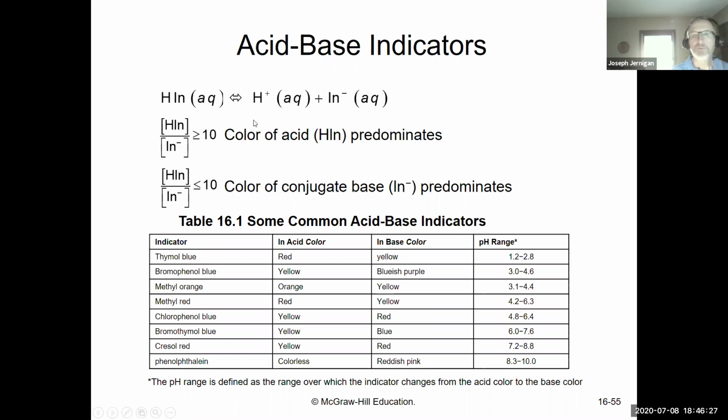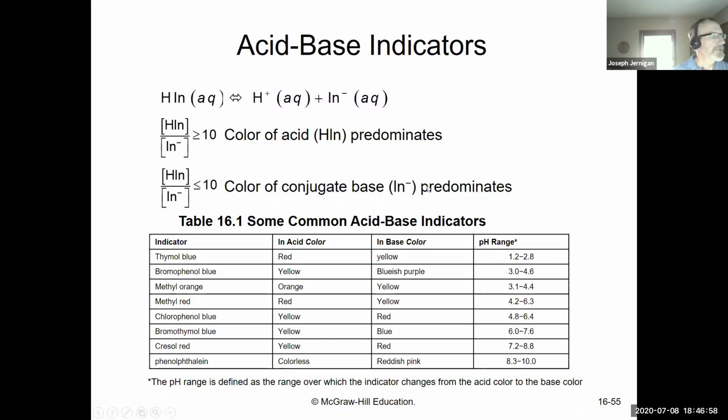The acid form of an indicator has one color. The base form of the indicator, or the neutralized form, has another color. And as long as that color change falls within the steep part of the slope of your titration curve, the color change of your indicator will be a good predictor of the actual equivalence point.